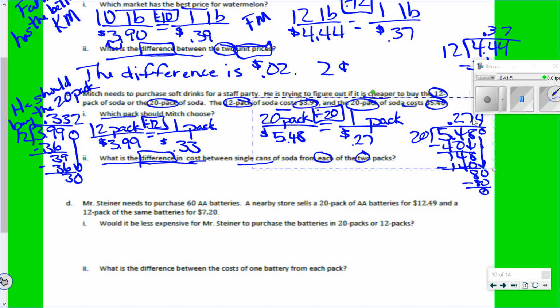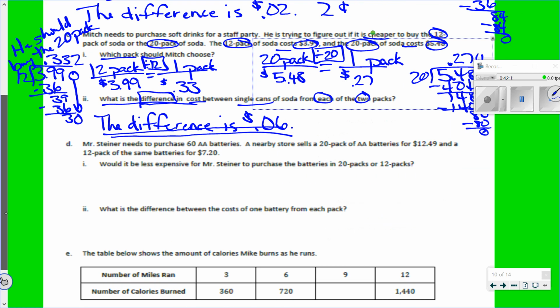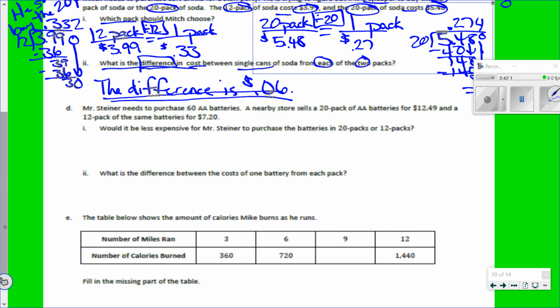Good. All I got to do is 33 minus 27. So the difference is 6 cents. Again, anybody not understand where you get that number from? Okay. One more then. Let's do the purchasing of the batteries.